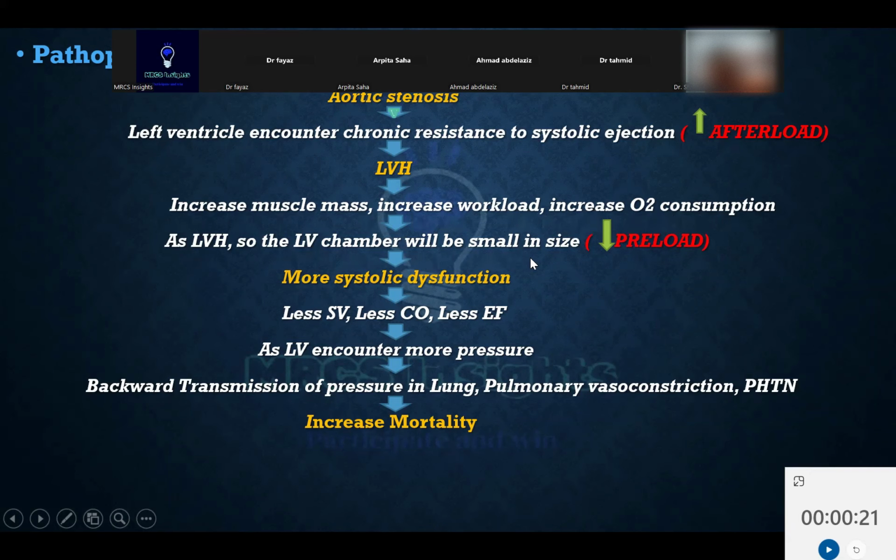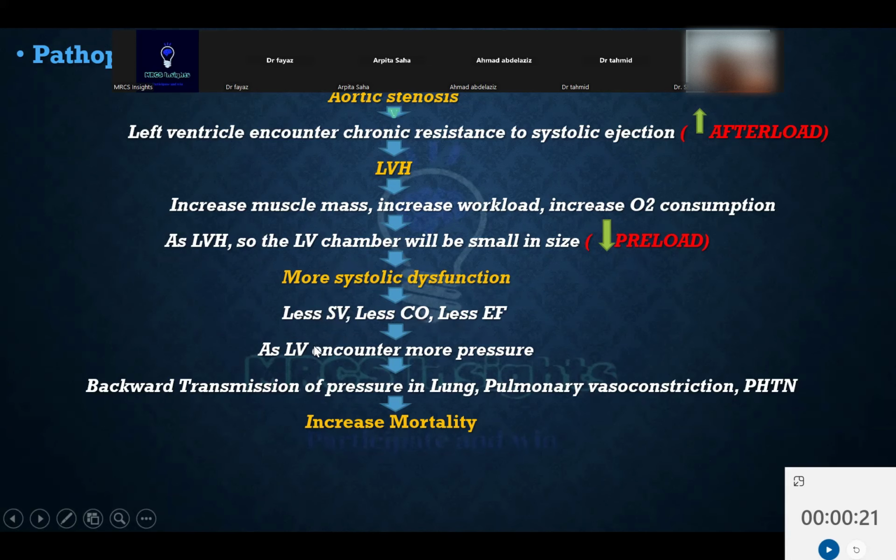So it will get less blood, so there will be decreased preload. It will cause more systolic dysfunction, and more systolic dysfunction means less stroke volume. As there is less stroke volume, there will be less cardiac output and also less ejection fraction.